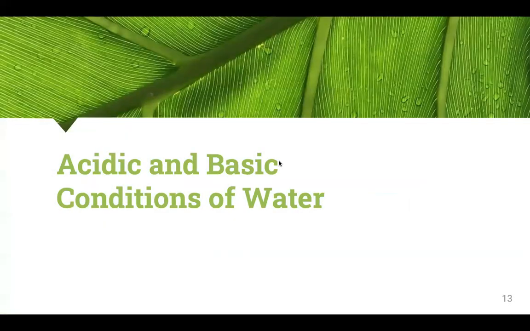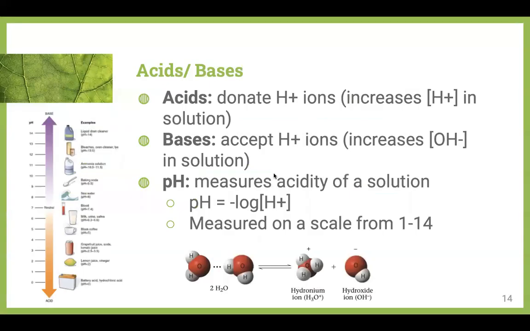Okay, so lastly, we're going to be talking about the acidic and basic conditions of water. So first, acids are substances that donate hydrogen ions, and this increases the hydrogen ion concentration in solutions, while bases accept hydrogen ions and increase the concentration of hydroxide ions in a solution.